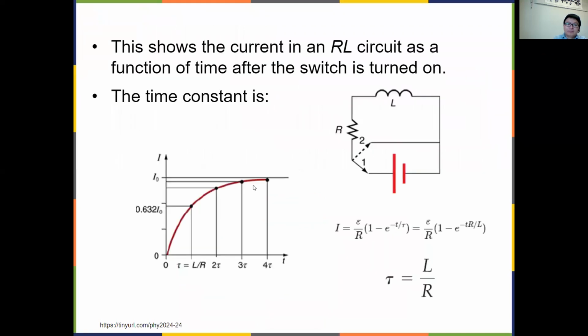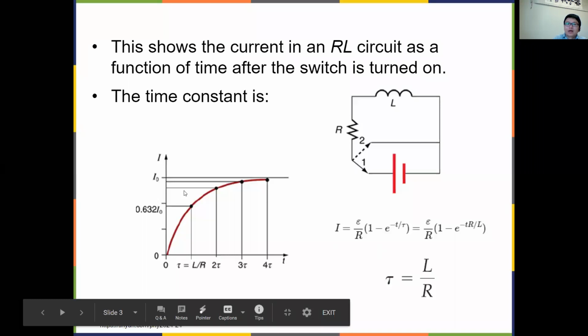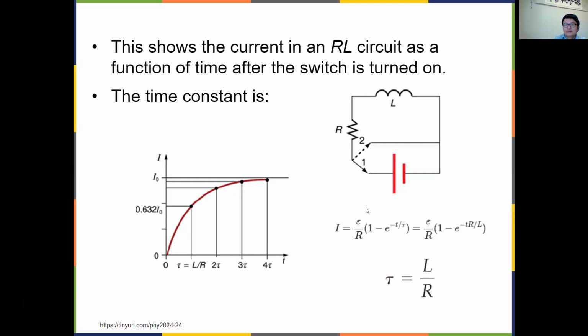For an inductor in an RL circuit, if you supply the circuit with a battery, the current in the circuit will go up slowly as an exponential function, listed over here: I equals I naught times 1 minus e to the minus t over tau, where I naught is equal to epsilon divided by R. Epsilon is the voltage the battery can supply.